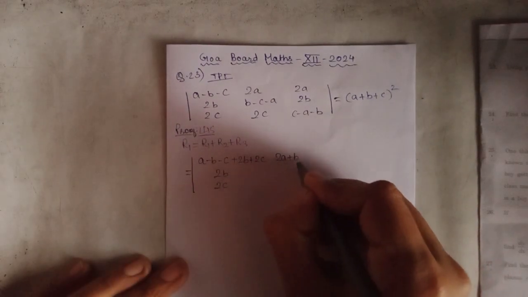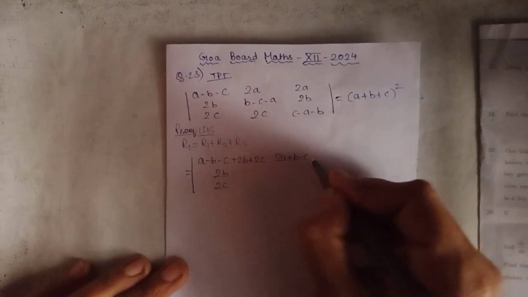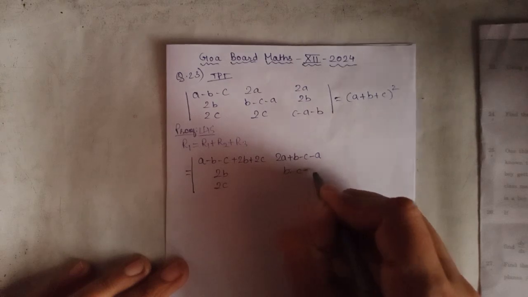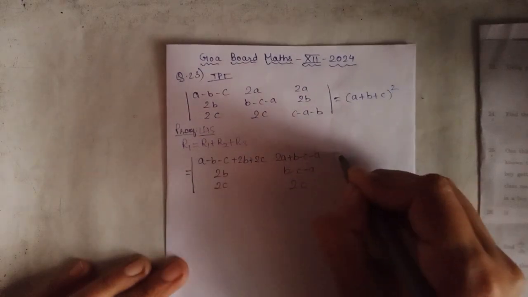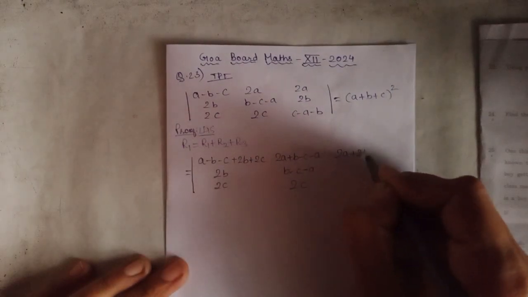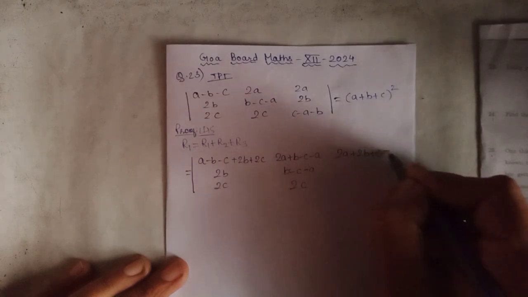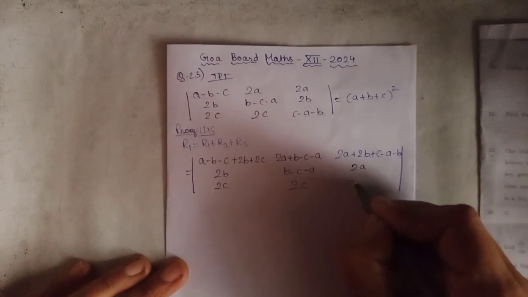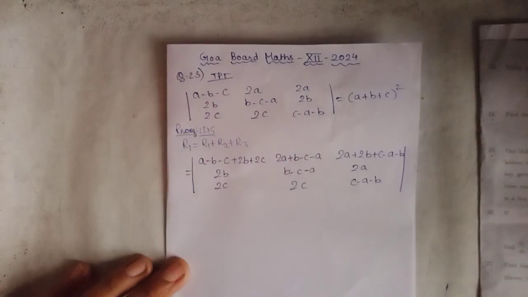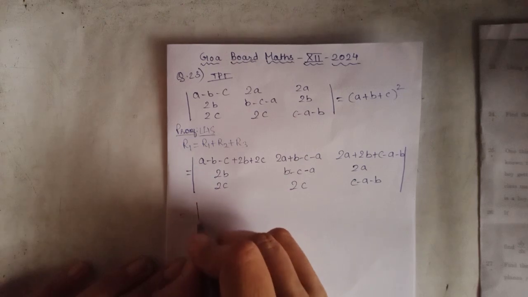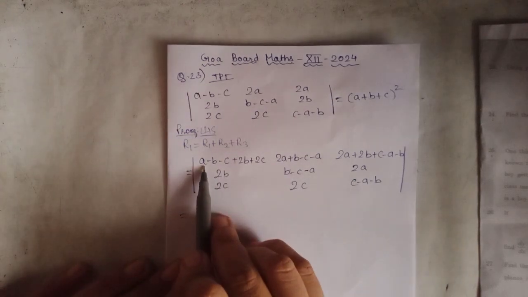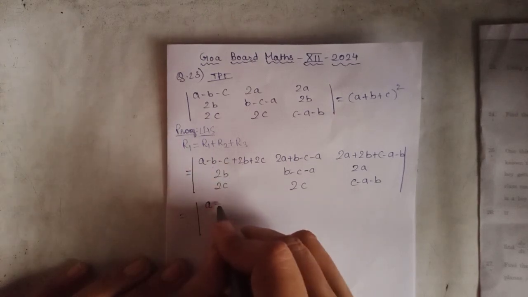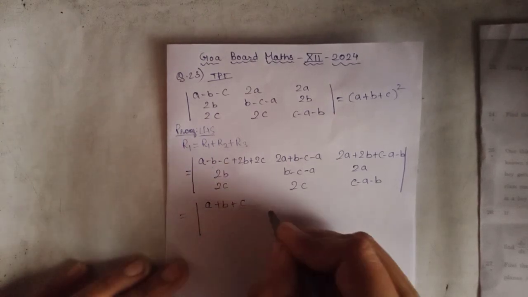Then second row, first row, second column, b minus c minus a, c, 2a plus 2b plus c minus a minus b. Okay, so you will get here a minus b plus 2b is b and this is c.